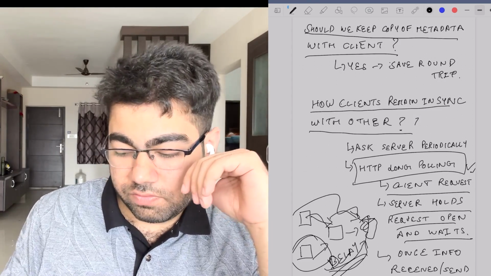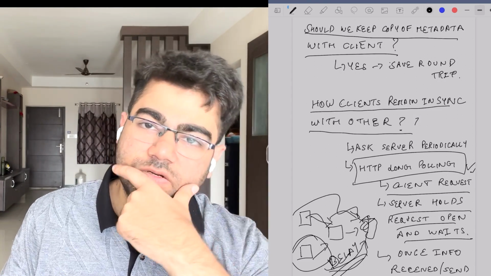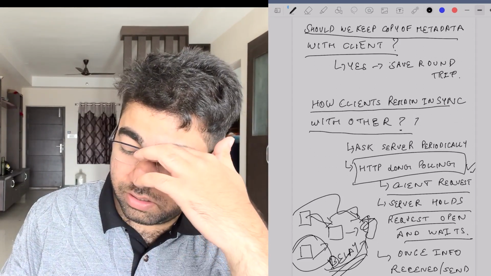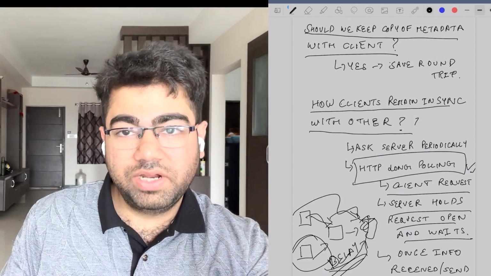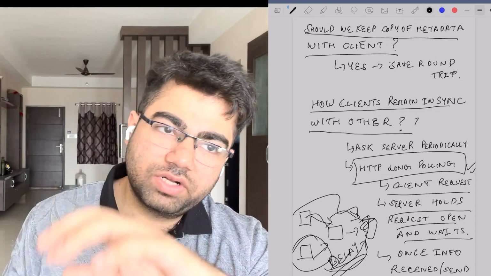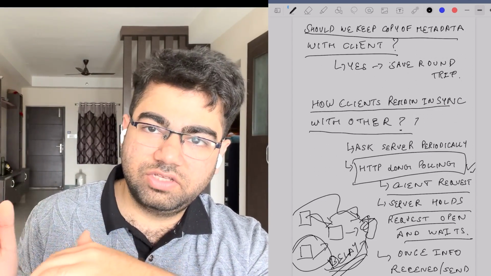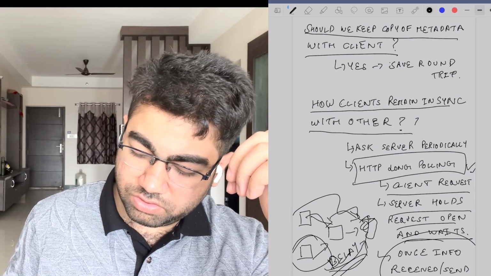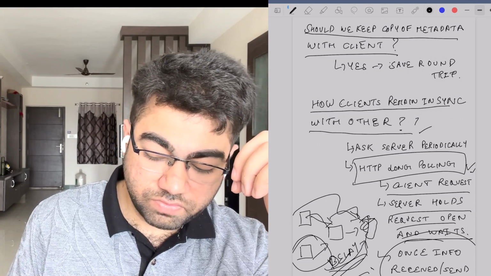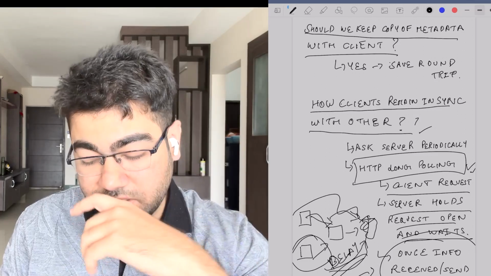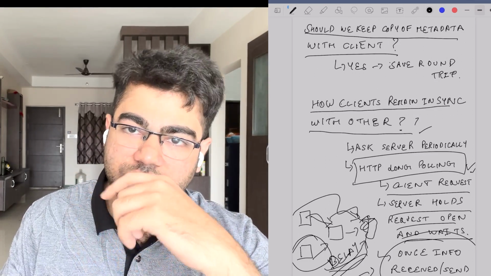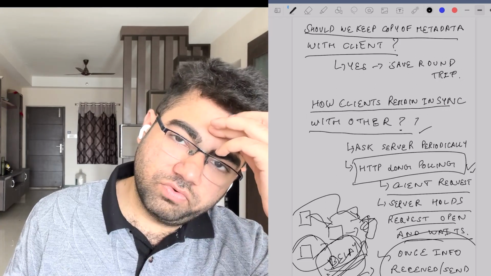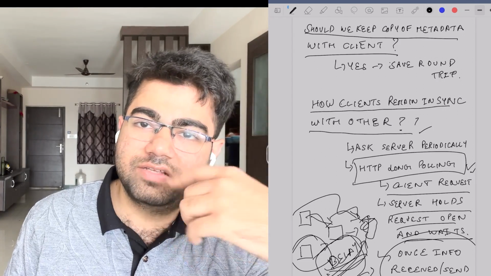So instead of just terminating the connection between the client and the server once it has asked, it keeps the request open and waits, and then once there is a change in the status of the file or the metadata, it responds back. So this helps to reduce the number of requests. Also, we are utilizing a lot of resources in keeping the connections open, but this is necessary to avoid the delay that was happening before if we do not keep this connection open and ask the server periodically.